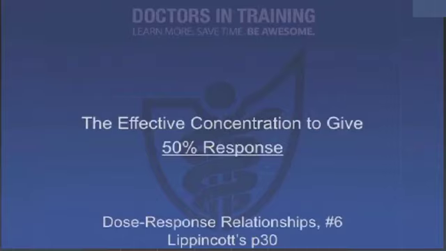So if the maximum amount of blood pressure lowering you're going to get from a given drug is 20 points, we're looking at how much drug it takes to lower it by 10 points, or 50% of that maximum amount. And we call this amount of drug EC50. That stands for the effective concentration to give us a 50% response, or the half maximal effective concentration.